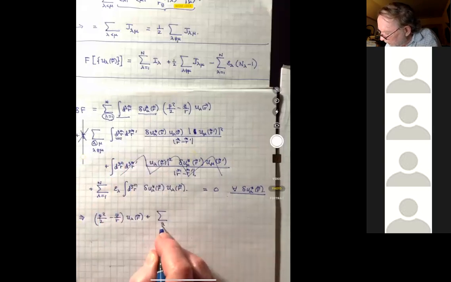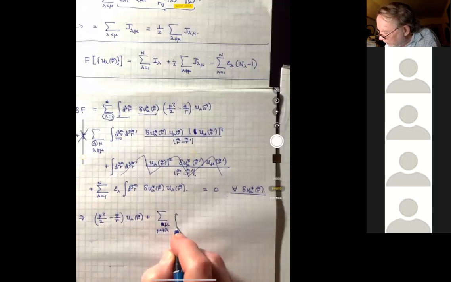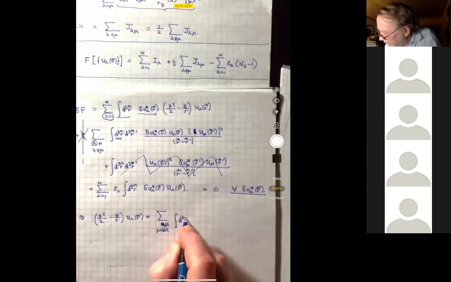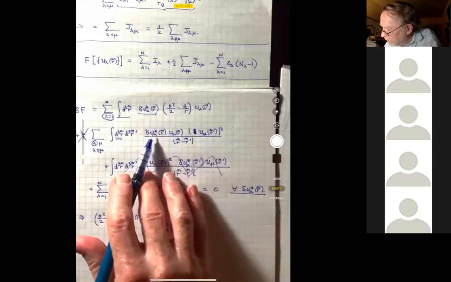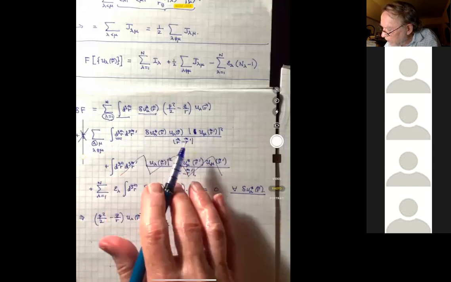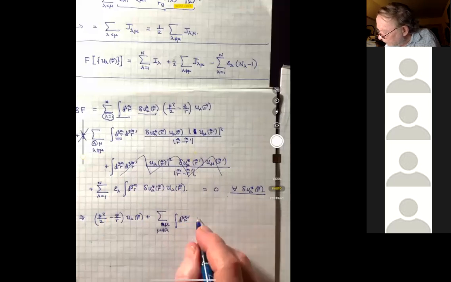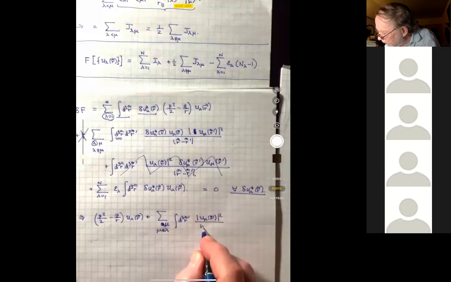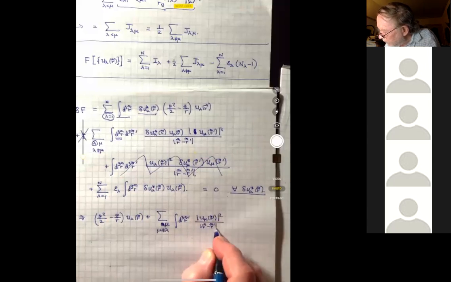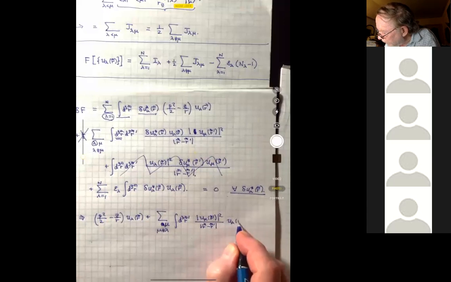So it's the sum on mu now, such that mu is not equal to lambda, an integral d cubed r prime of what you see here, minus the delta U star. I'm going to write it this way as U sub mu of r prime absolute value squared divided by the Coulomb denominator, r minus r prime, multiplied times U lambda of r.